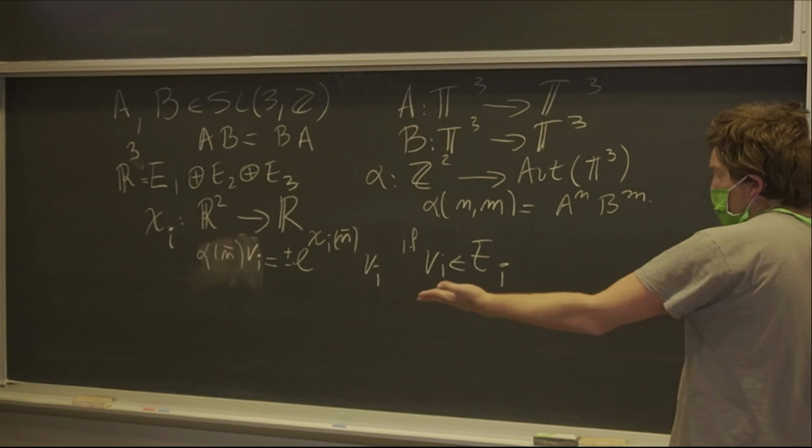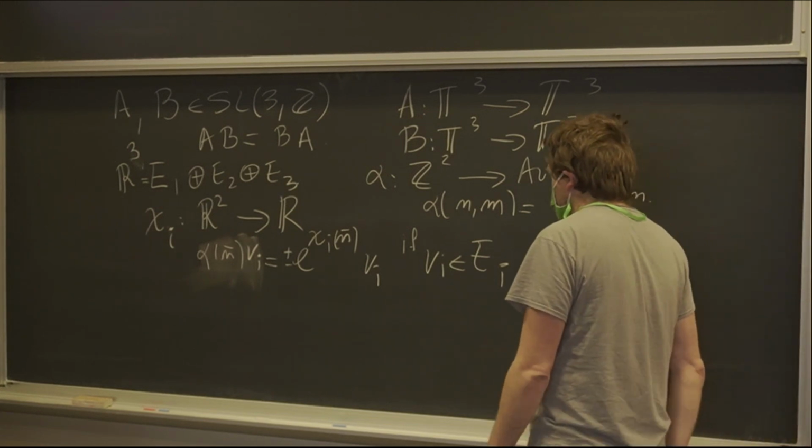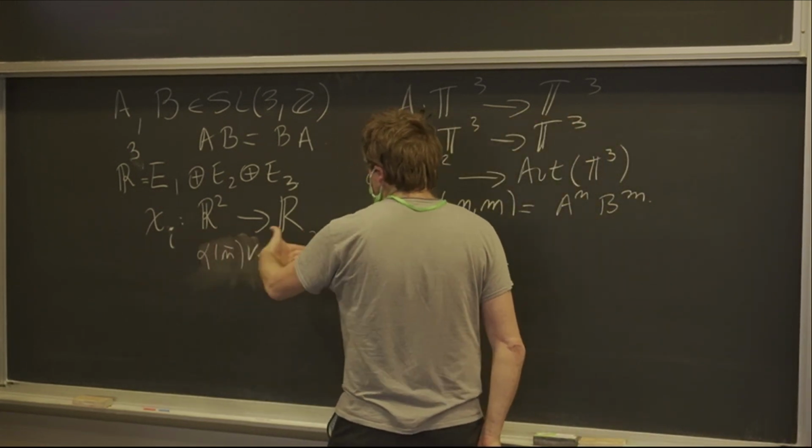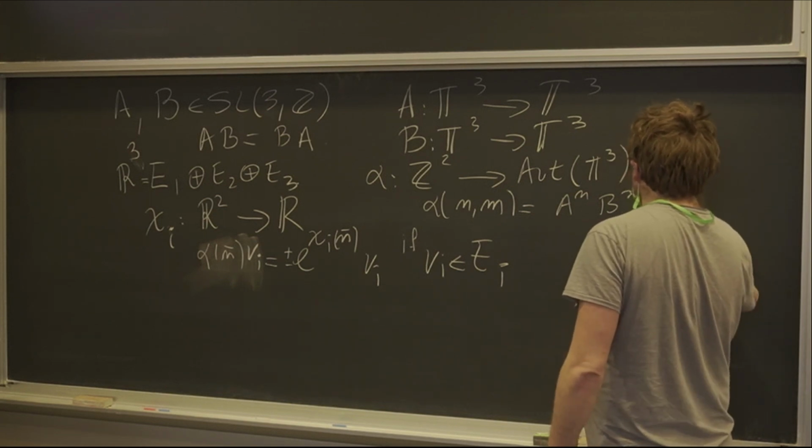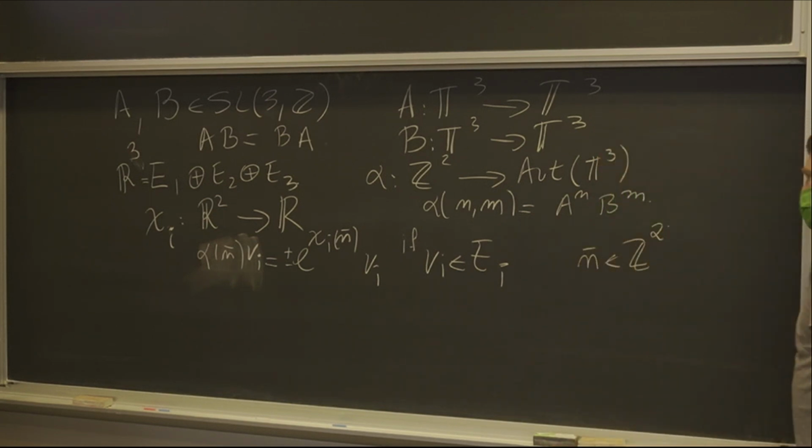So inside these eigenspaces, this is how the corresponding matrix acts, and n is in Z square. Now, so that's the very basics.